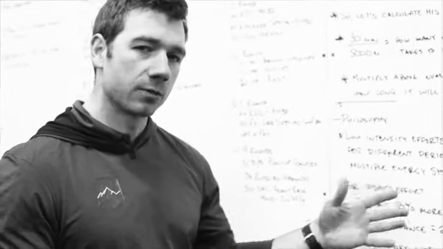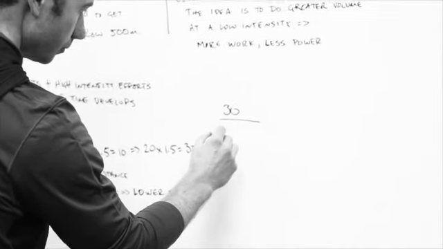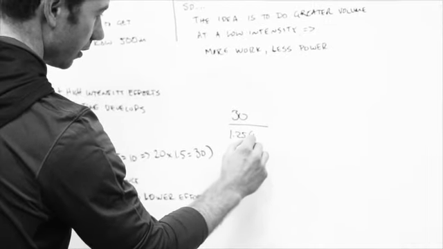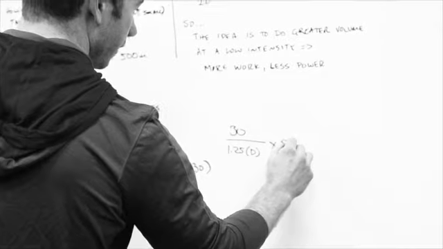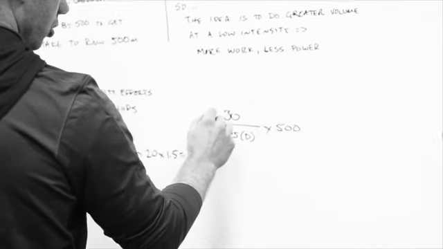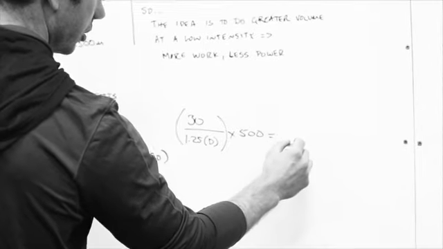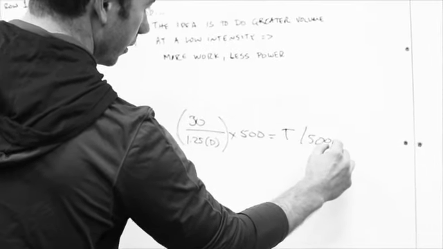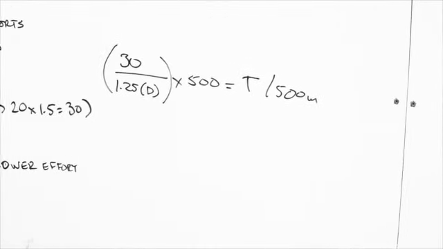All you have to do is take 30 divided by 1.25 times your assessment distance, and then take that times 500. You'll do this first, and then you'll do that, and you're going to get your time per 500 meters. That's a simple calculation.